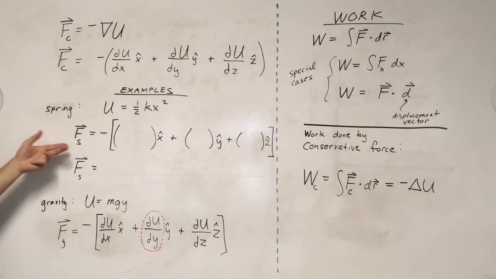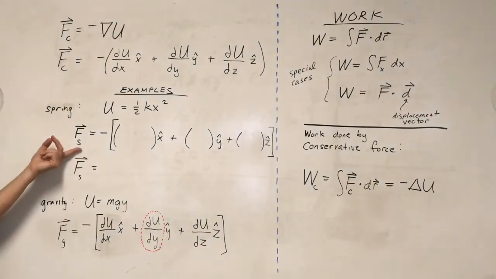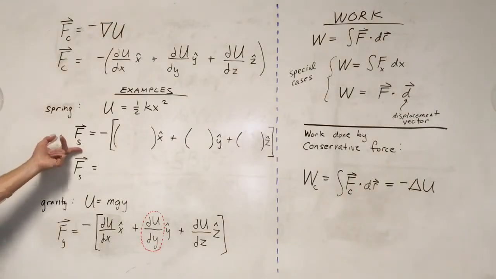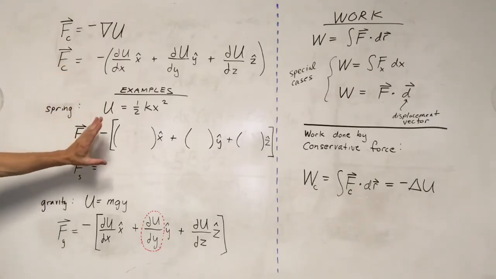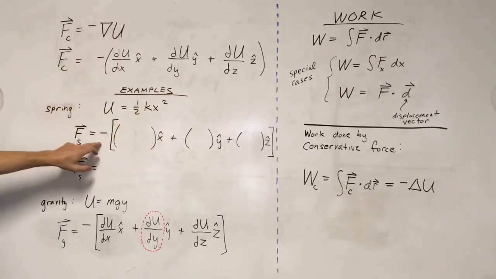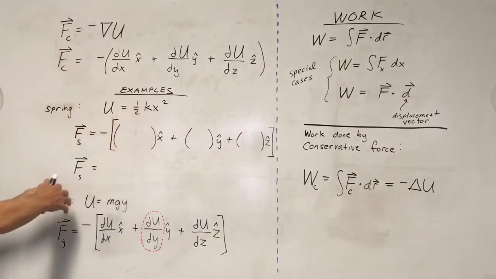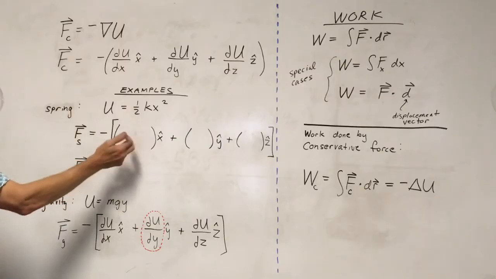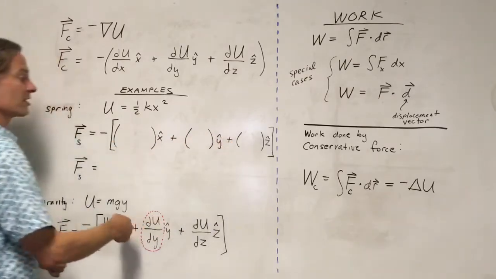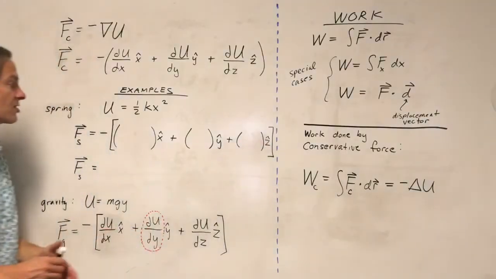Let's find the associated spring force, the associated conservative force exerted by the spring. Well, here we go. We just plug and chug with our gradient expression. So we've got our minus sign, and then these are just placeholders for the partial derivatives of the potential energy function with respect to x, y, and z respectively. Those are giving components in the x hat, y hat, and z hat directions.